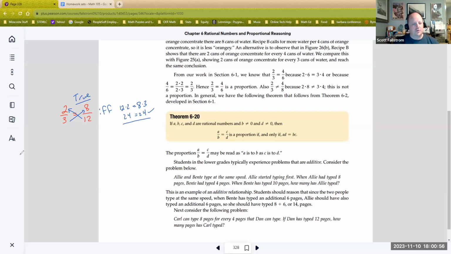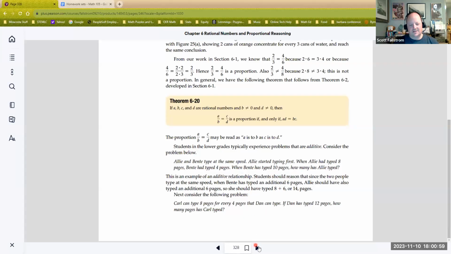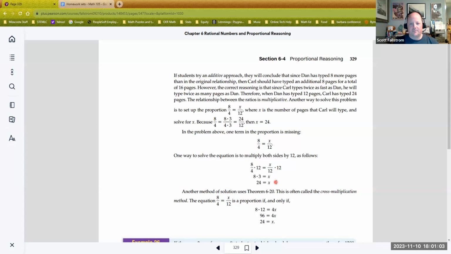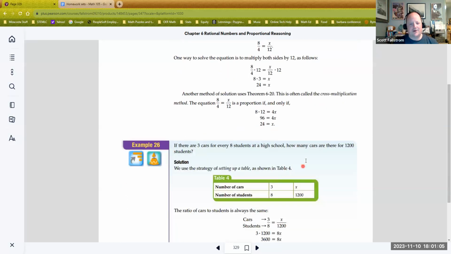As you look through the book, you're welcome to read the examples. I'm not going to read every piece of it here, but it's important to be thinking of how I could use this to help me out.